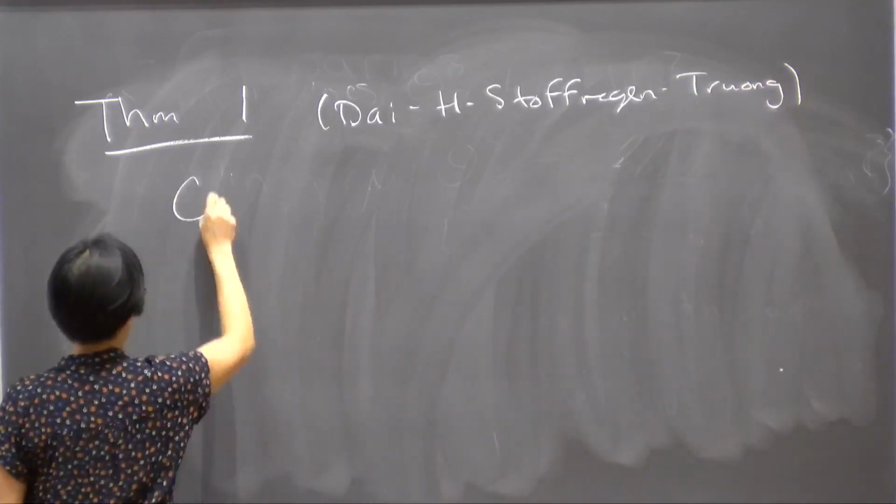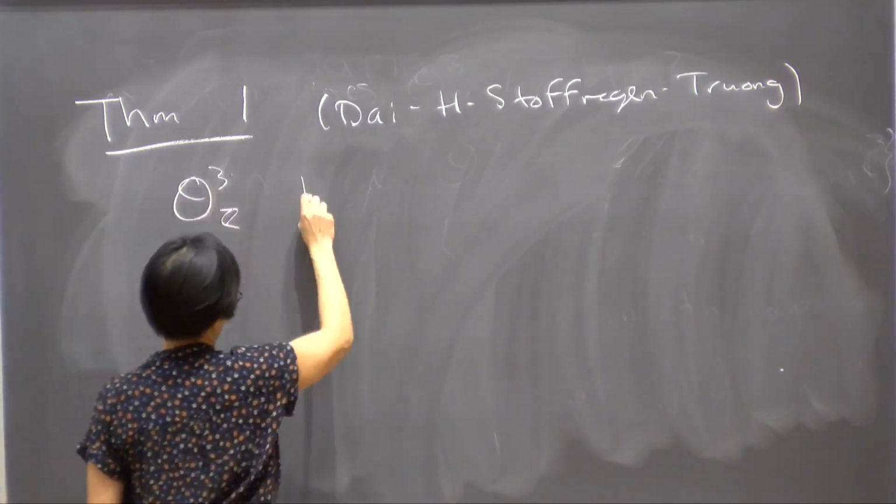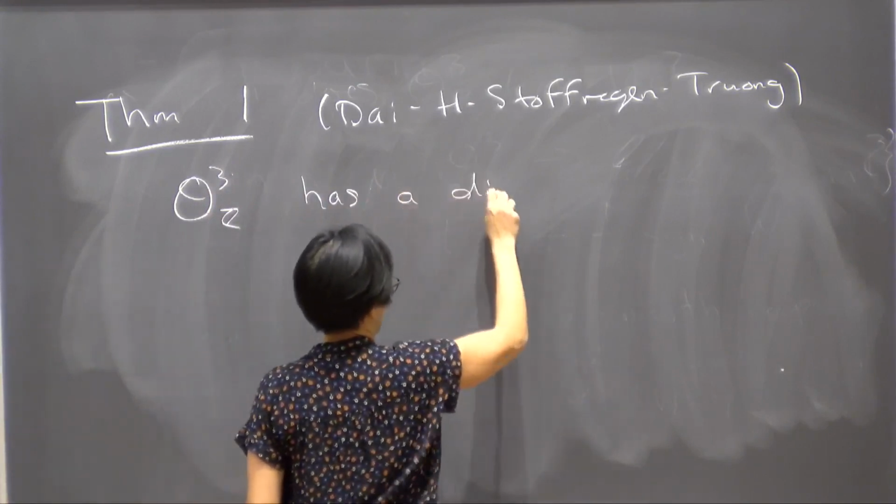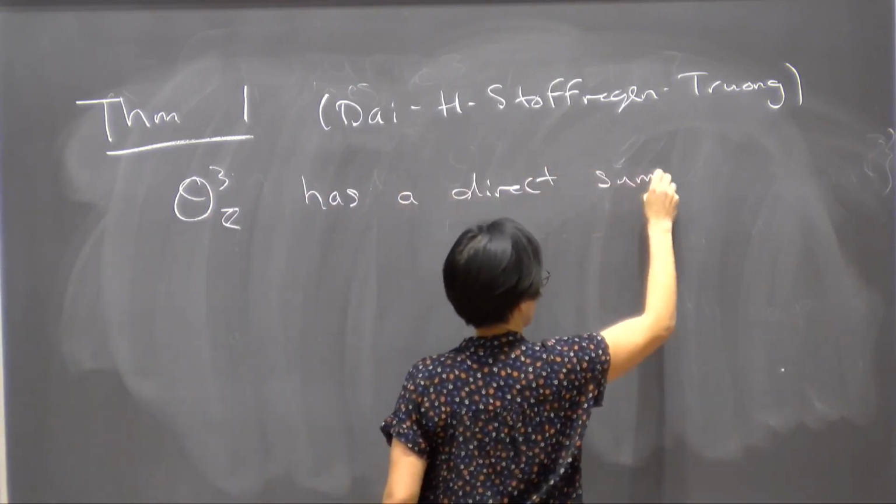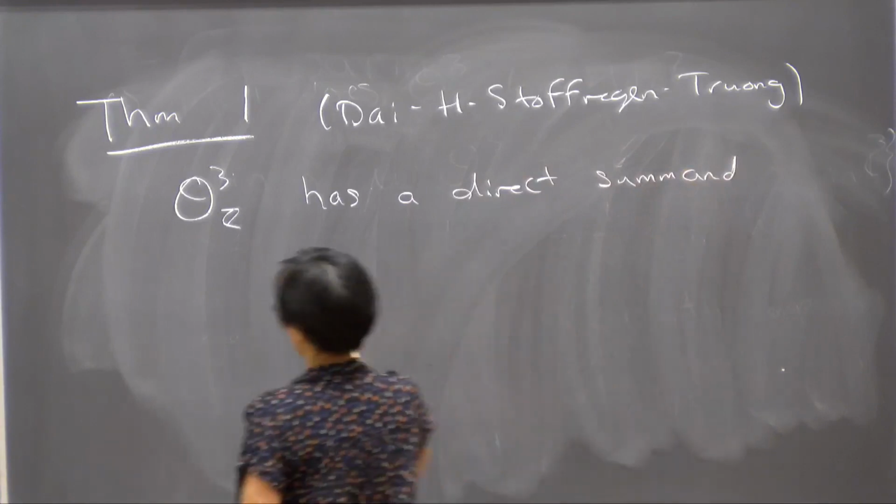We proved that the homology cobordism group has a direct summand isomorphic to Z to the infinity.